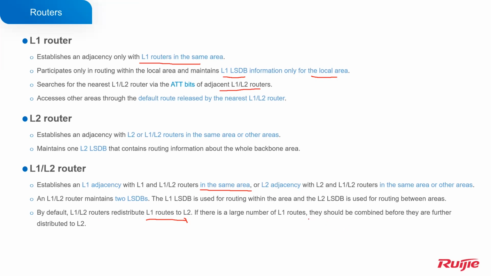And if there is a large number of level 1 routes, they should be combined before they are further distributed into level 2. You can do some summary function, okay? So there are 3 types of router. It's very important, okay? And if you already know the basic concept, then we can go to the next step.